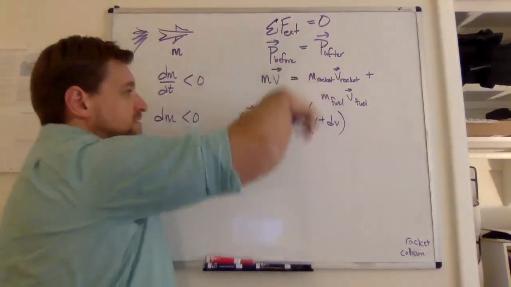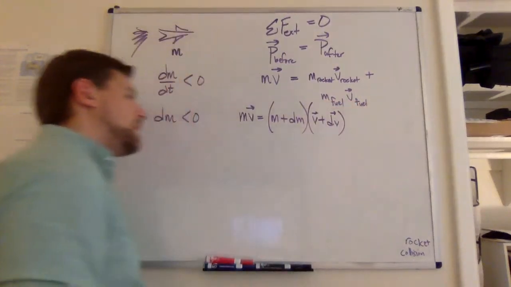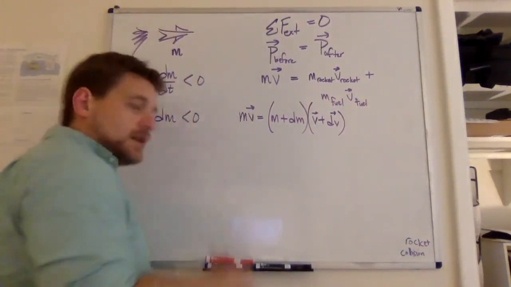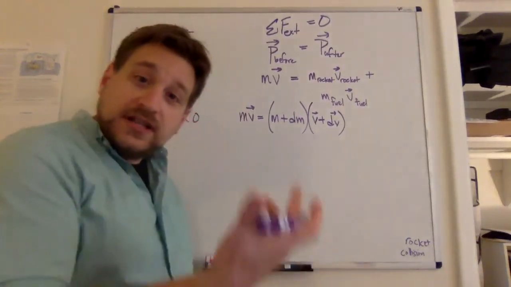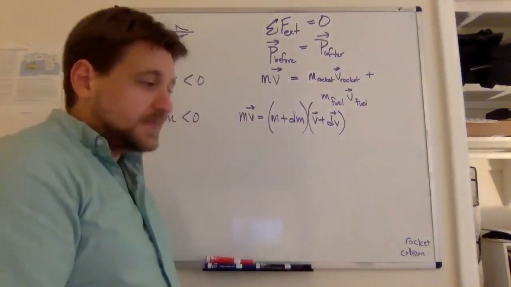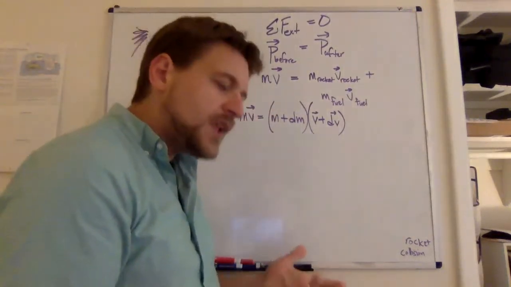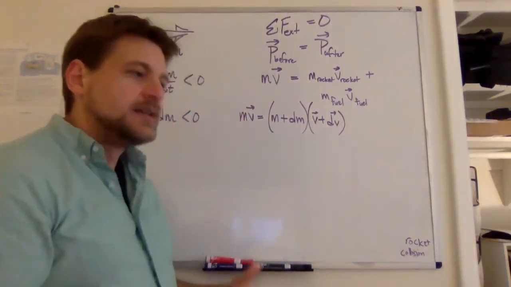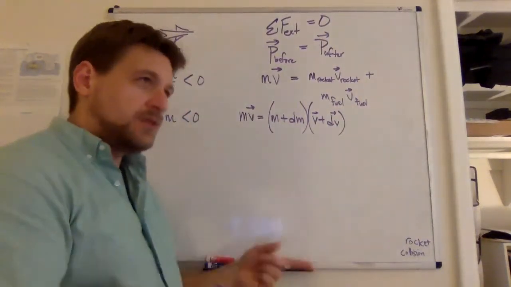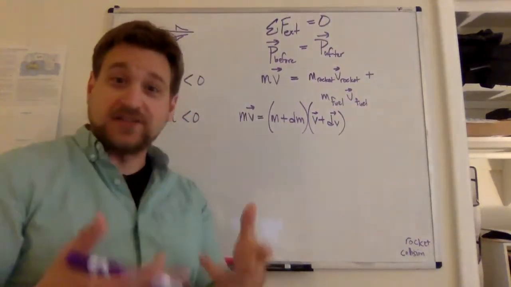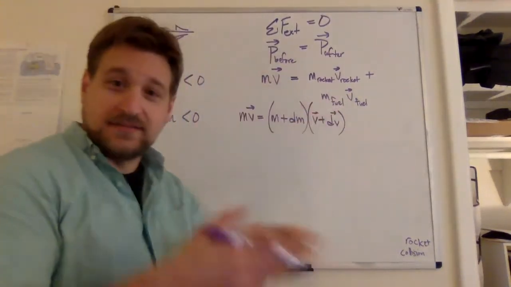I've got these vectors, well, let's leave them for now. The fuel was originally on board the rocket and was included with this mass m. Now it's not on board the rocket, so the rocket's mass has decreased, which means the amount by which it has decreased is the amount of mass of fuel we just expelled. So the mass of the fuel is that amount, dm.